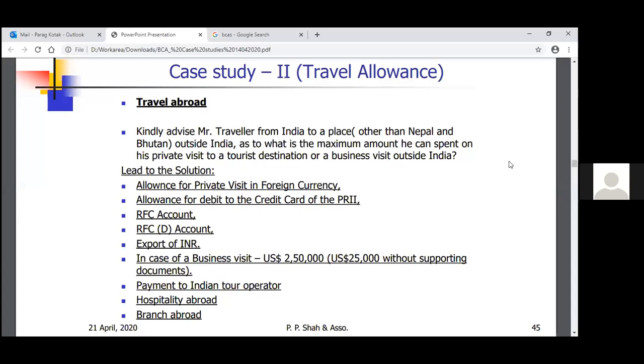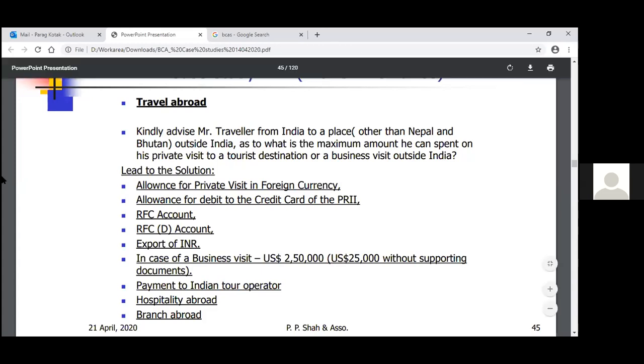And one can also, during the time of going out, during the travel, take Indian rupees outside India. Also, one can make payment to an Indian tour operator in Indian rupees. Also, one can take hospitality abroad without attracting the provisions of FEMA.